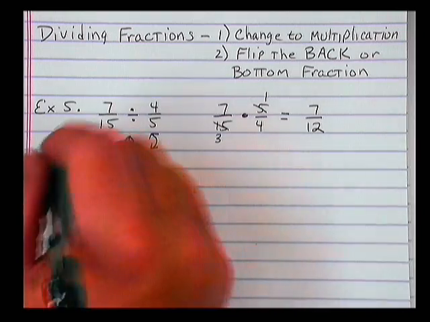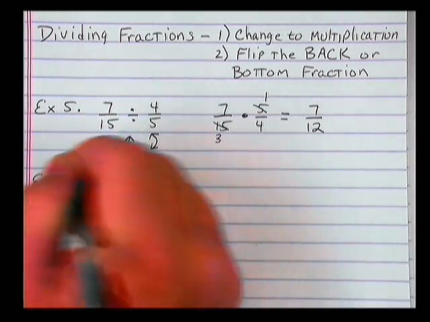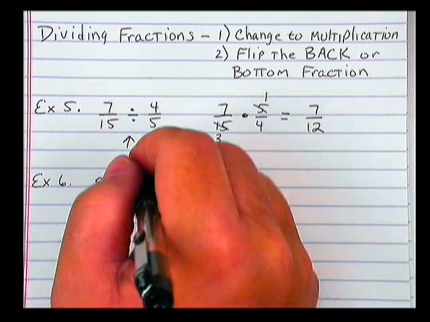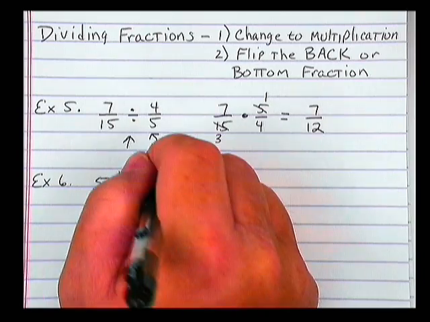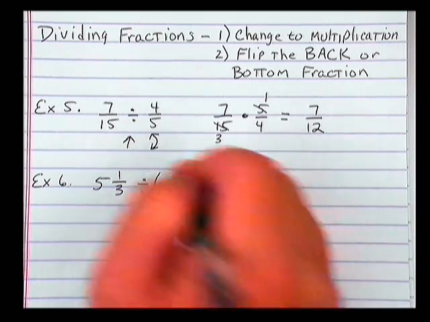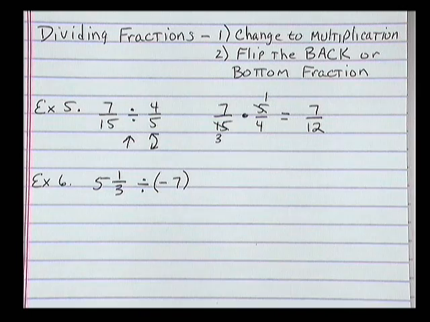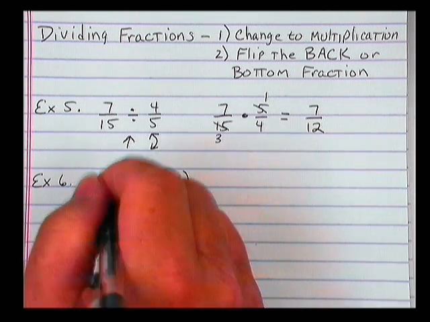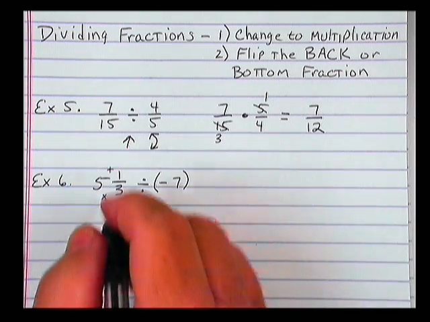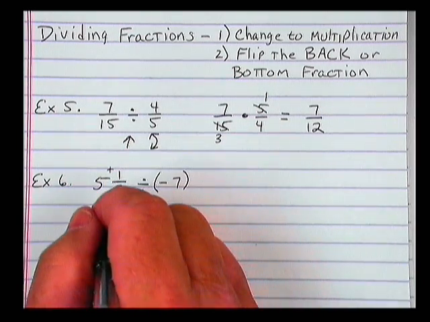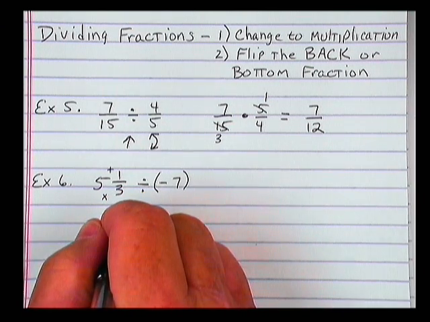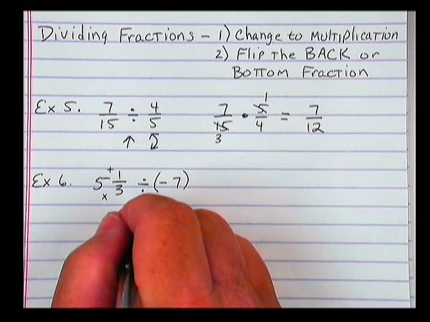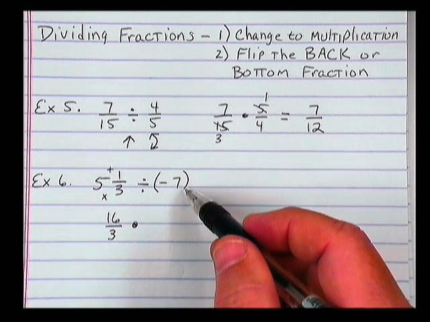Example 6. I have 5 and 1/3 divided by negative 7. So first thing I have to do is convert this to an improper fraction. I go multiply and plus. That's 16 over 3. I change this to a multiplication sign, and I flip the back number.